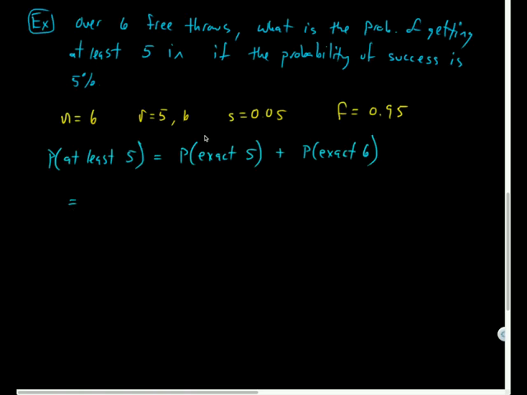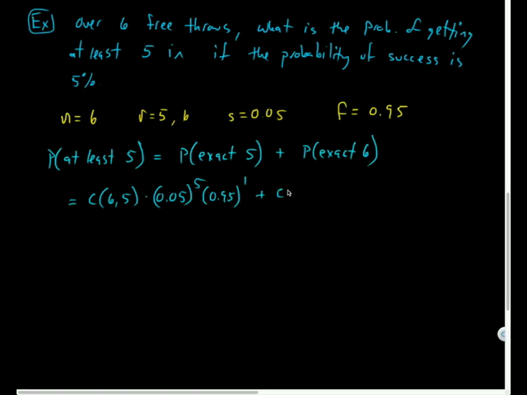So let's calculate the probability of exactly 5. So I want to figure out how many ways can I actually have 5 successes out of 6. Multiply that by the success, 0.05, raised to the number of those successes, 5, multiplied by the probability of failure, and I have 1 failure in this case, right? Because 6 minus 5 is 1. So this is the probability of exactly 5 shots in. And then add to that the probability of exactly 6 free throws in, which I'm assuming is highly unlikely.